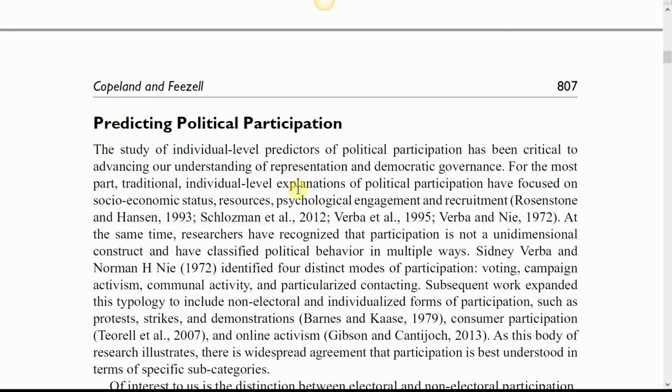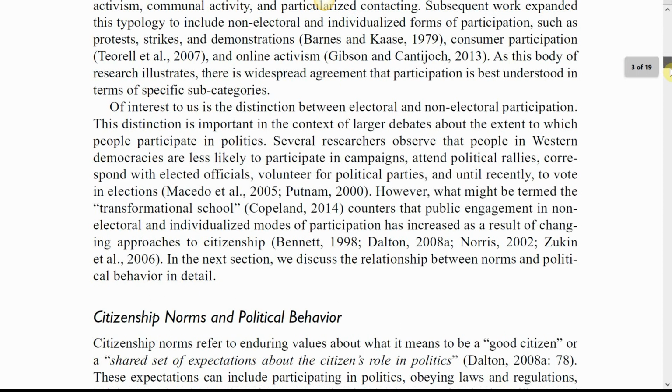They go on to talk about the big things that people have studied, and they give us citations, and then the nuances, and they give us citations, 4 distinct modes, and they give us specifics. So again, going from the really big and broad down to the specifics. They go on to say of specific interest to us is the distinction between electoral and non-electoral participation. And they give us citations.